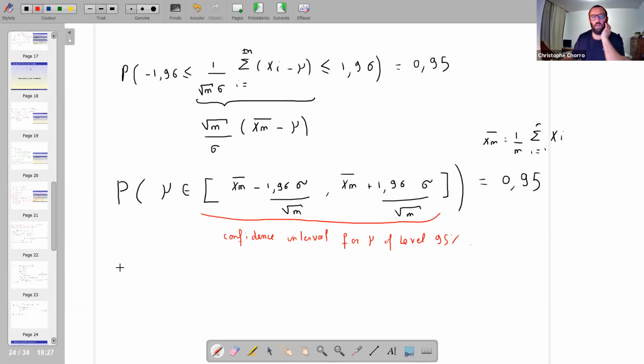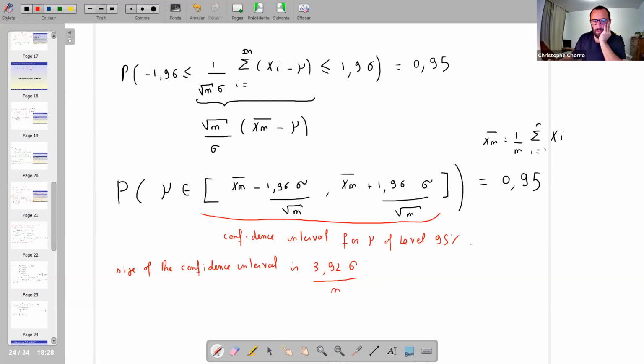So what is the size of the confidence interval here? The size of the confidence interval is 3.92 sigma over square root of n.